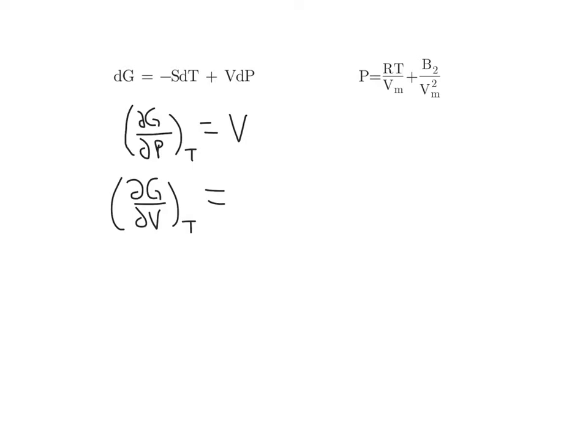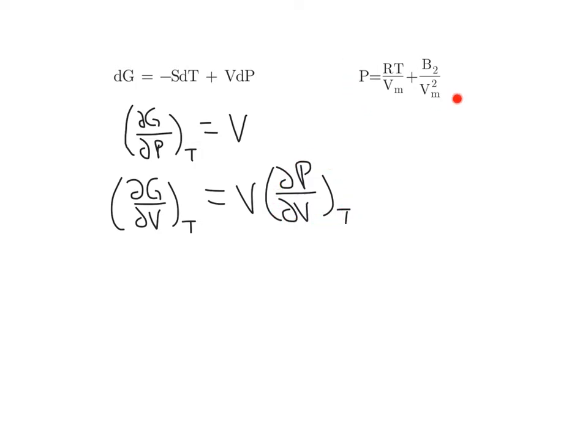So since I'm still at constant temperature, the first term in my differential expression is 0, and I only have to worry about differentiating the second term. And so what I need is an expression for how the pressure changes with volume at constant temperature.